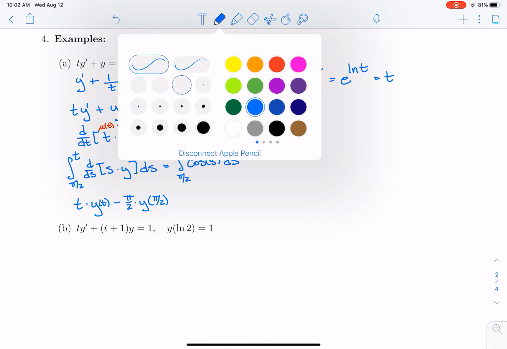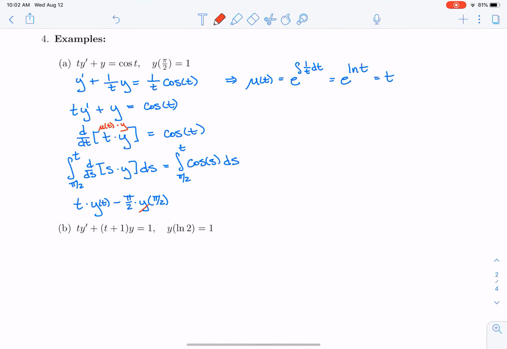Now y of pi over 2 happens to be 1 from our initial condition, so that's how we plug that in. And then I'm going to anti-differentiate the cosine of s to get sine of s, and that's going to be evaluated between pi over 2 and t.